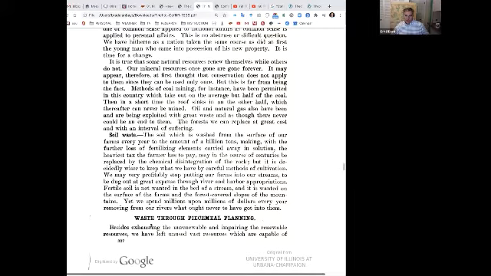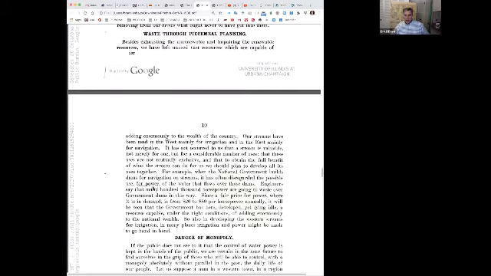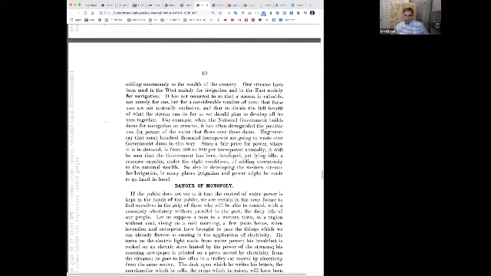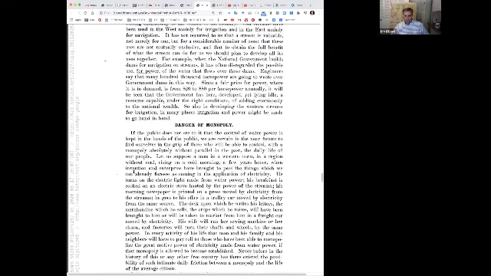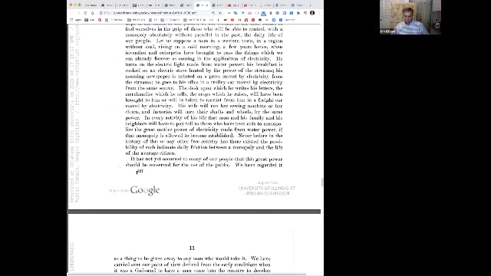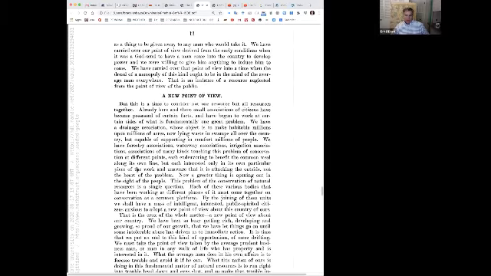Now this is not anything new, because we still see the same arguments going on today. I remember when I was in elementary school and junior high, we were discussing the future. We were discussing the eradication of the Amazon rainforest.